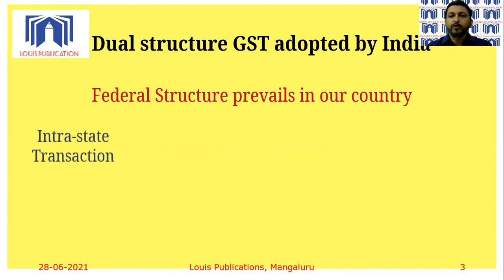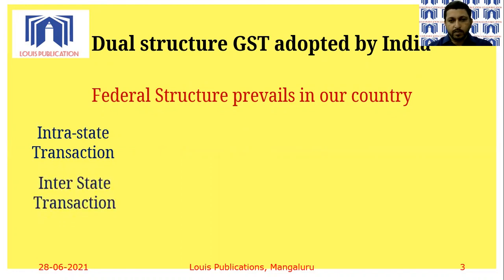So if I have to take an example of an intrastate transaction, intrastate would mean buyer and seller are from the same state. Then we talk about the application of CGST and SGST or UTGST. We have already seen this.